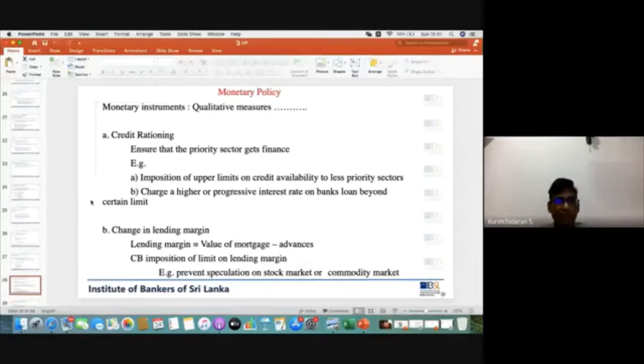What is meant by credit rationing? Let's assume now you increase the money supply. Through that, you increase the credit creation capacity.